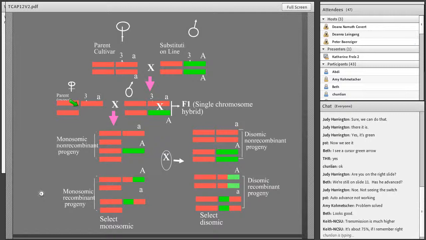Or you can have crossovers that occurred, which upon selfing, you will get disomic recombinant progeny. And again, you'll also get monosomic ones, but you will do the chromosome counts and select this. Now, what this has done effectively is what a doubled haploid would do. Because there's no recombination in the monosomic, I mean, there's nothing it can cross over with, when you self it, you fix that recombination in one generation. So what we did is by using this, we immortalized the lines so we can now test them.